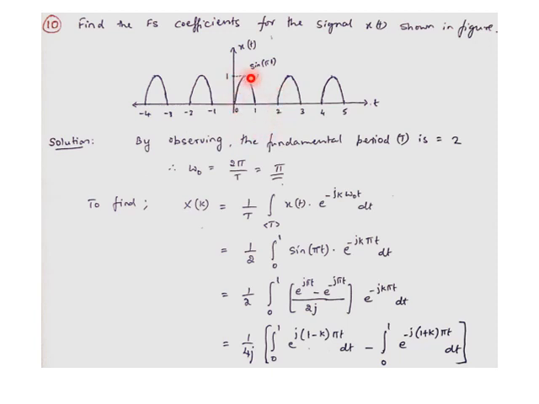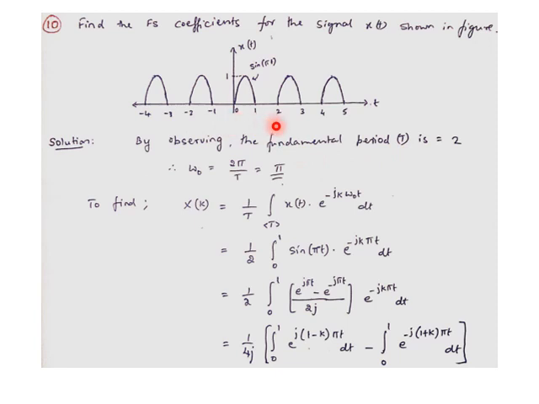So I can take the fundamental period as T equal to 2. Till 0 to 2 we have one unique set of values, and that is repeated for every next and lower interval. Hence the fundamental period T is equal to 2.